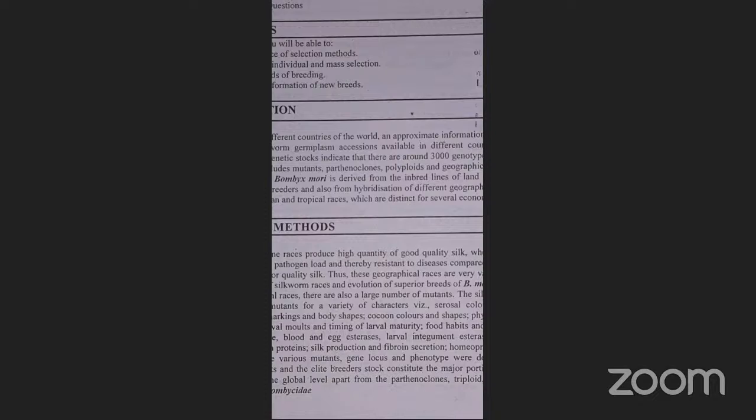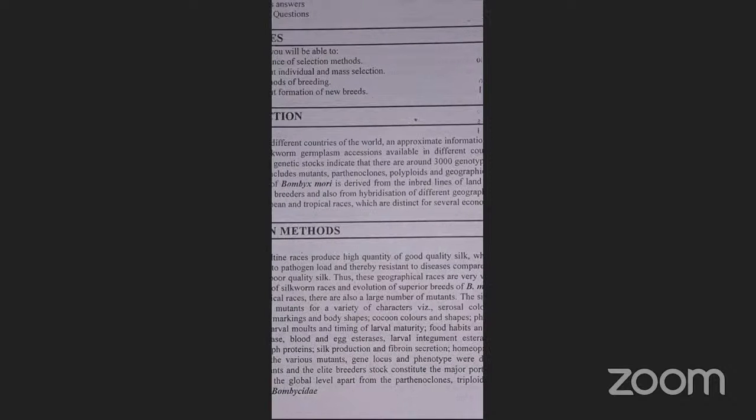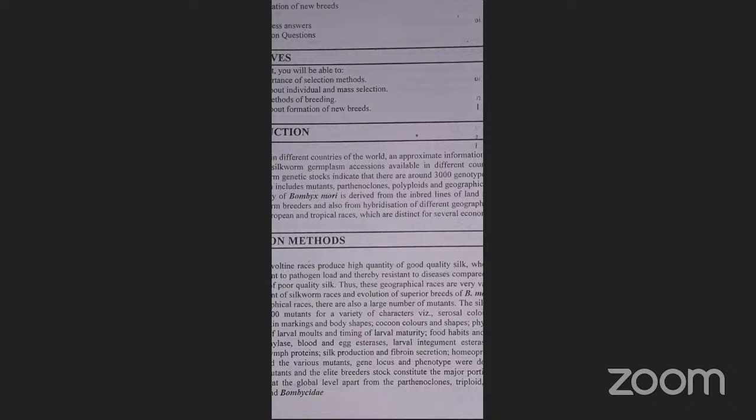The cell is divided into germplasm and nucleus. Germplasm or nucleus are divided based on polyploid and triploid and basis methods. So this is the selection methods process for the hybridization of silkworms.